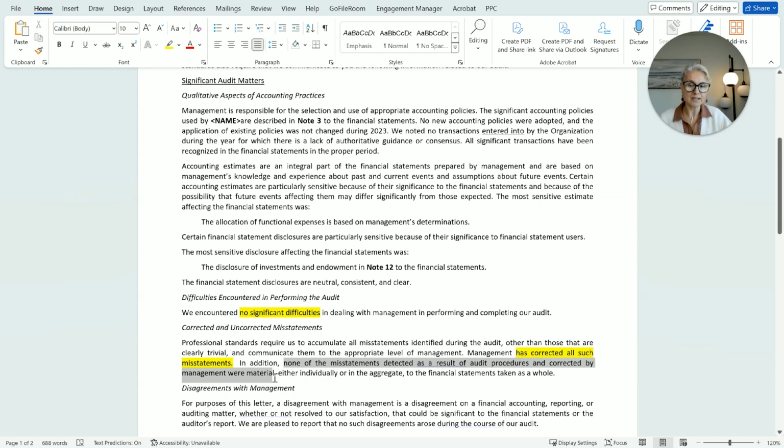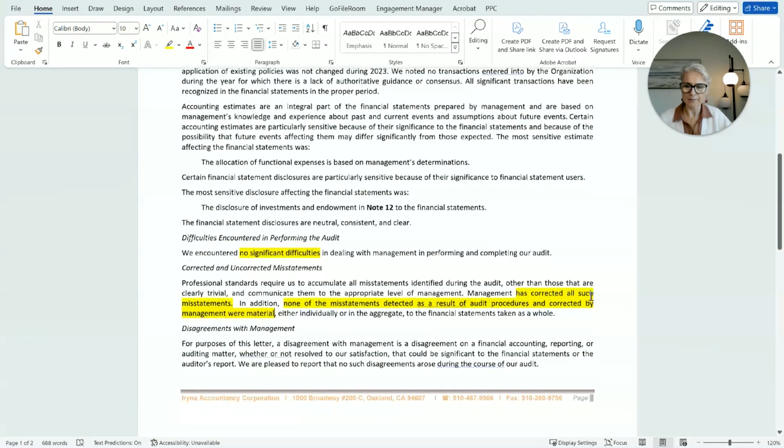So we did come across misstatements, but none of them were significant enough or material enough. Very often during the audit, the auditor will identify significant material adjustments. Then the auditor will be presenting here to the board: please pay attention, because those adjustments are not just trivial, they are material, and the board needs to be aware.